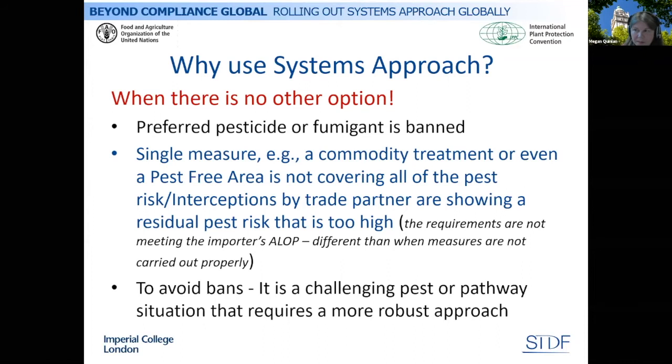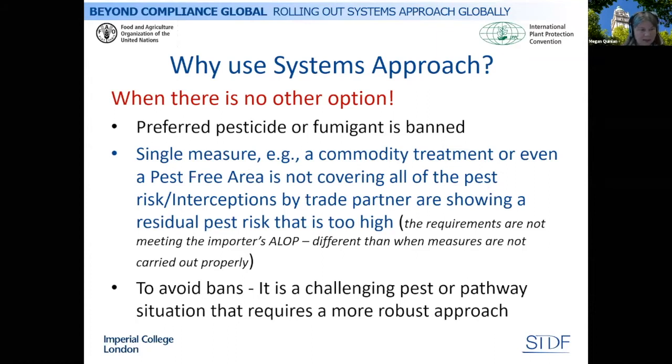And I really want to make this clear that if a country is not applying a measure properly and it's not working, that's not the same thing. So systems approach is not a mop-up way to take care of bad application of measures. And that's a different problem. So if your measures are not working because they're not done properly, that's not what I'm talking about.